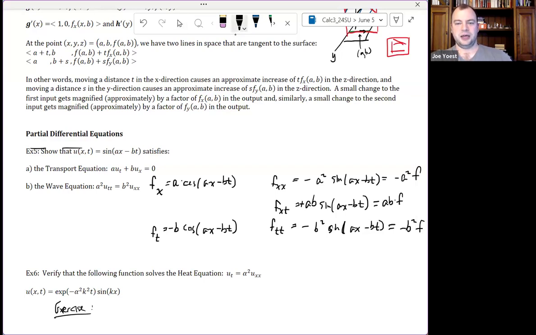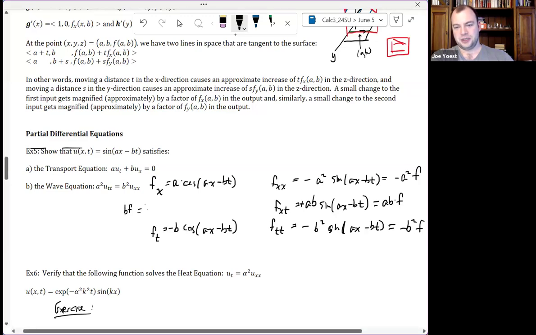So is it true that a u_t plus b u_x equals 0? Well, here I have f's instead of u's, but b f_x equals ab cos of (ax minus bt).